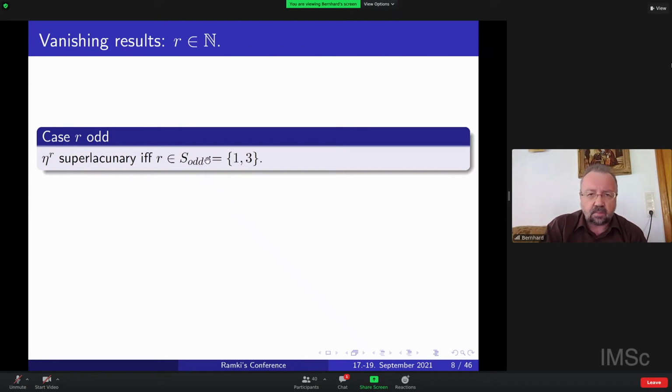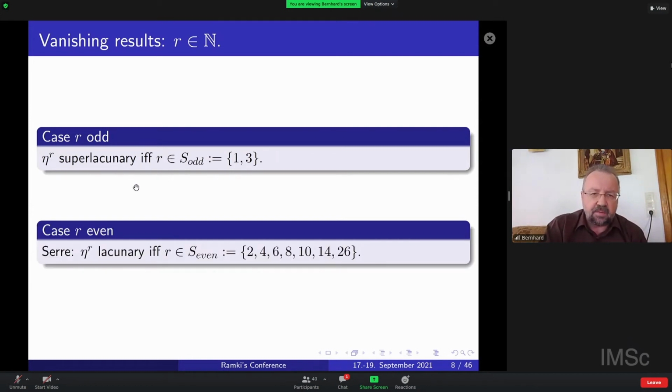Now, it's also known, when you ask about a high rate of vanishing, or in other words, when it should look like a theta function, then this is the case if and only if r is equal to 1 and 3. That means when you take eta and eta to the power of 3, a lot of coefficients are vanishing.